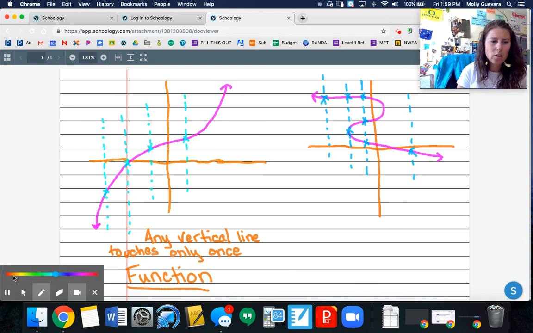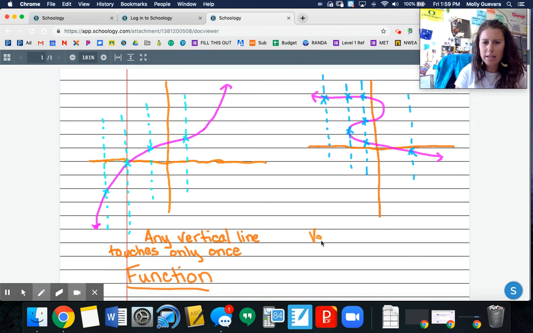All right, so here I can draw vertical lines that touch the graph more than once.